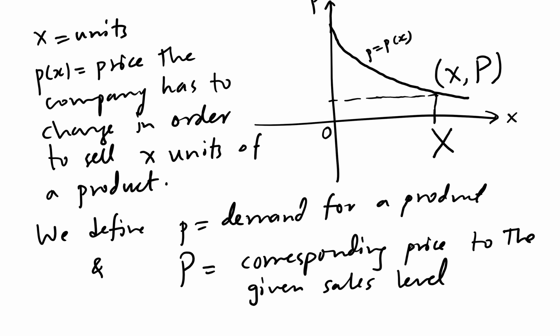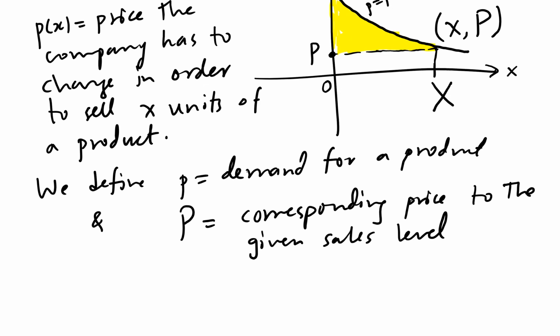So what you see above capital P and below small p, which is the shaded region, this is called consumer surplus. It's called consumer surplus. So what is consumer surplus?